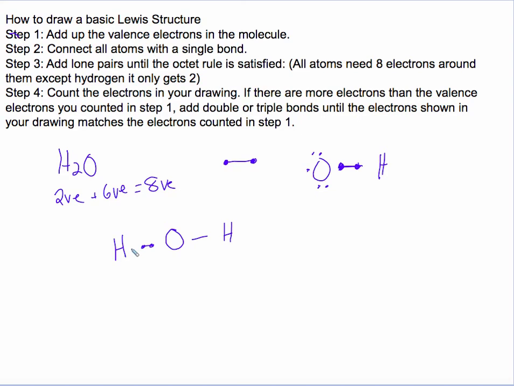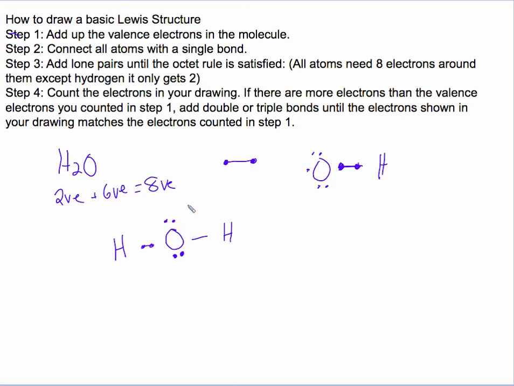This hydrogen's good, this hydrogen's good, but oxygen needs 8 electrons around it. Right now it has 2, 4. So we add a lone pair, 6, and then another lone pair, 8. Now oxygen has 2, 4, 6, 8. Its octet rule is satisfied.